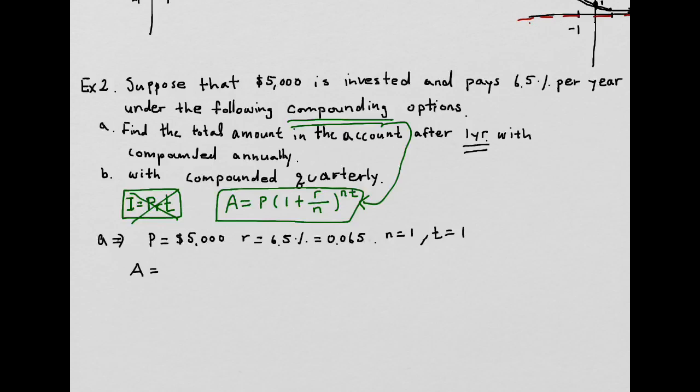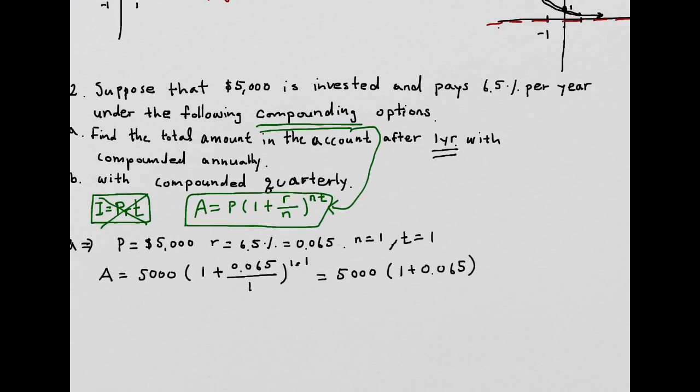With that information given, we should be able to replace it in the formula. So your total amount A will be principal times 1 plus 0.065 over 1, to the 1 times 1. When you simplify that, you get 5,000 times 1 plus 0.065. 1 times 1 is 1, and if you have a 1 exponent, it's the same as not writing it down, right?